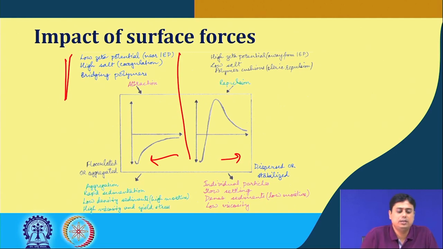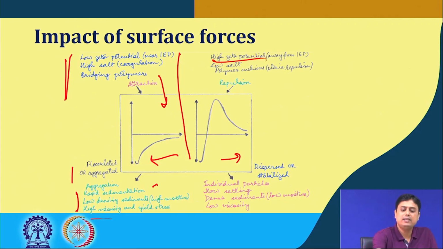Say the low zeta potential, that is near the isoelectric point, with the suspension at high salt, coagulation is happening, and bridging polymers result in attraction of the particles, and then flocculation or agglomeration happens. We have the aggregated form of the particles, and this results in aggregation, rapid sedimentation, low density sedimentation, that means high moisture content, or high viscosity and yield stress suspension.